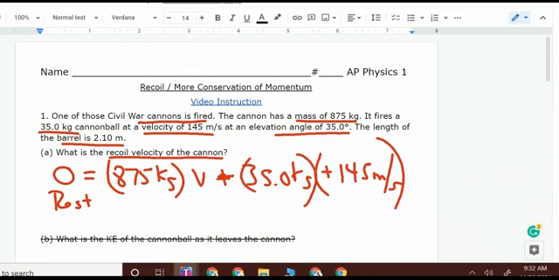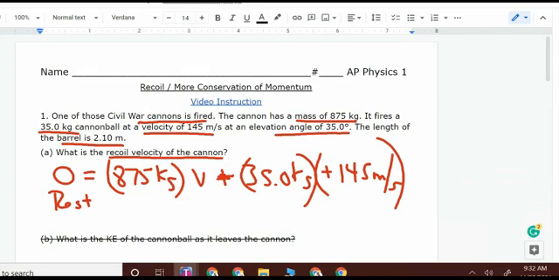But let's squeeze something in that's so critical for a conceptual question. How does the momentum of the cannonball compare to the momentum of the cannon? The momentum of the cannonball is equal but opposite to the momentum of the cannon. That's what you should know when an object starts at rest.